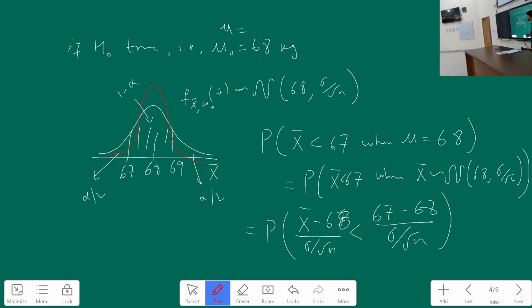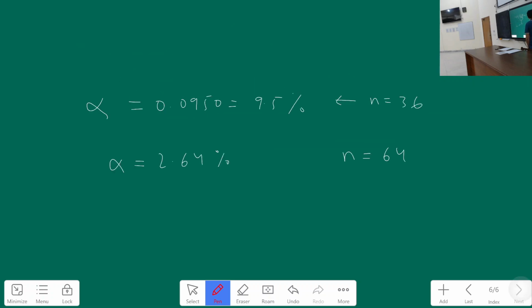What's another way of reducing alpha without playing with the variance or the sample size? It would be to increase this range, to be less strict. You could say, okay, I will say I was right if you find the heights to be between 66 and 70, but usually you don't want to do that, to make it too loose. So the idea of increasing sample size makes more sense, so you can use that.